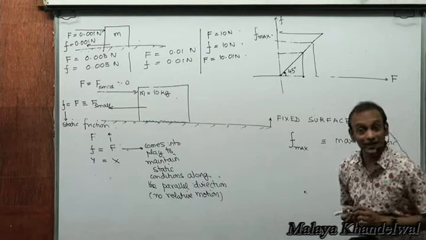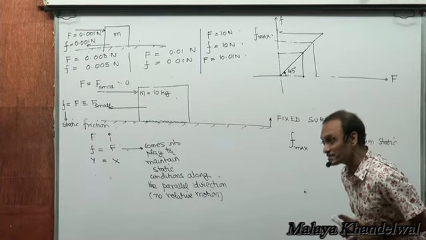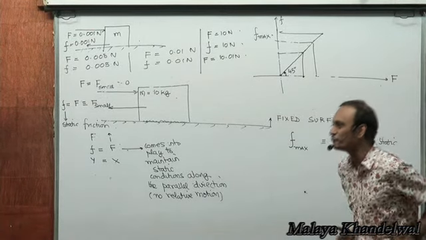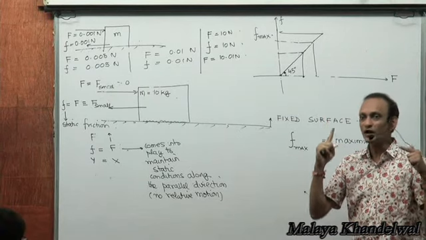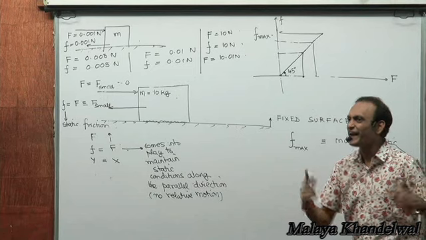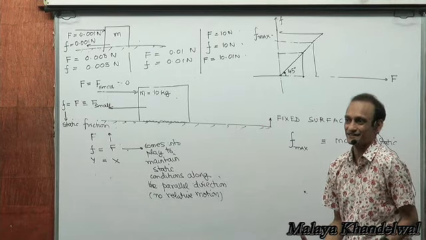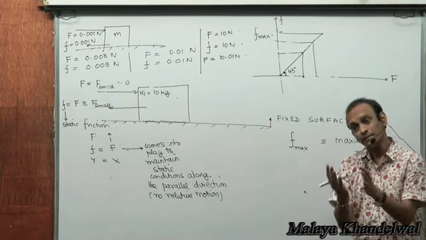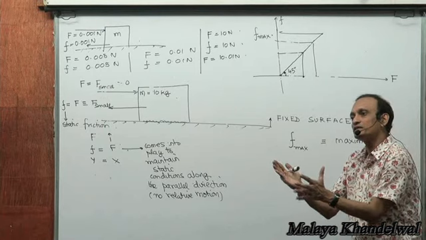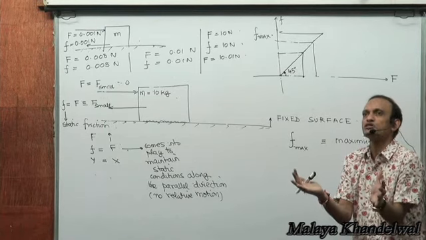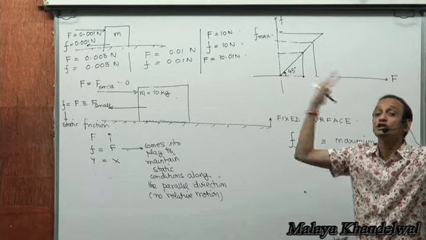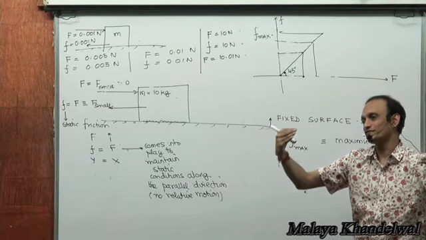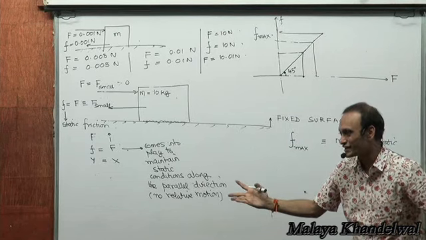Static friction is a variable entity. Unlike kinetic friction, which is a fixed number, static friction is a variable number, because its value will depend on external forces, capital F. But then, irrespective of its variability, there is a constancy about static friction. There is a maximum perceivable value of static friction that can prevail between two surfaces under a given set of conditions.